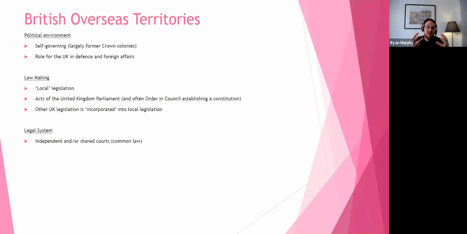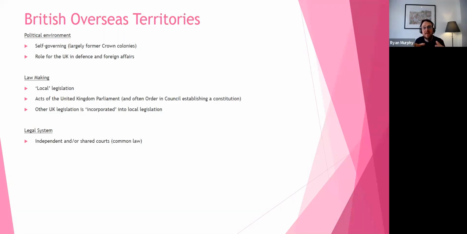If we move then from that idea of the political environment, the framework for lawmaking, to the legal system. So these British Overseas Territories have a set of independent courts. These independent courts are normally founded on principles of common law.